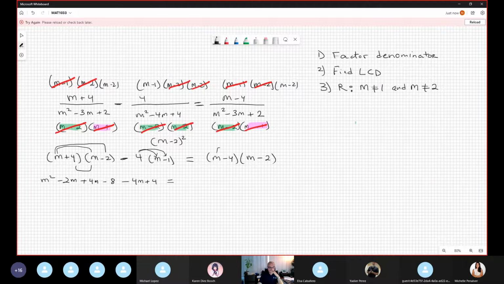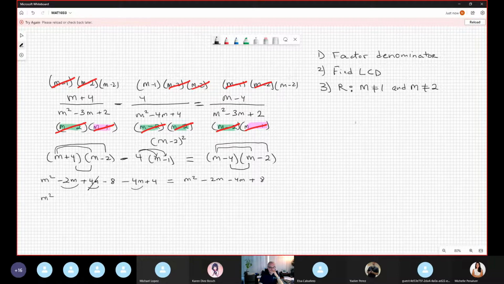Okay, this is m squared, m, minus 4, and positive. Okay, we combine like terms: m squared, no like terms, but minus 2m and minus 4m.